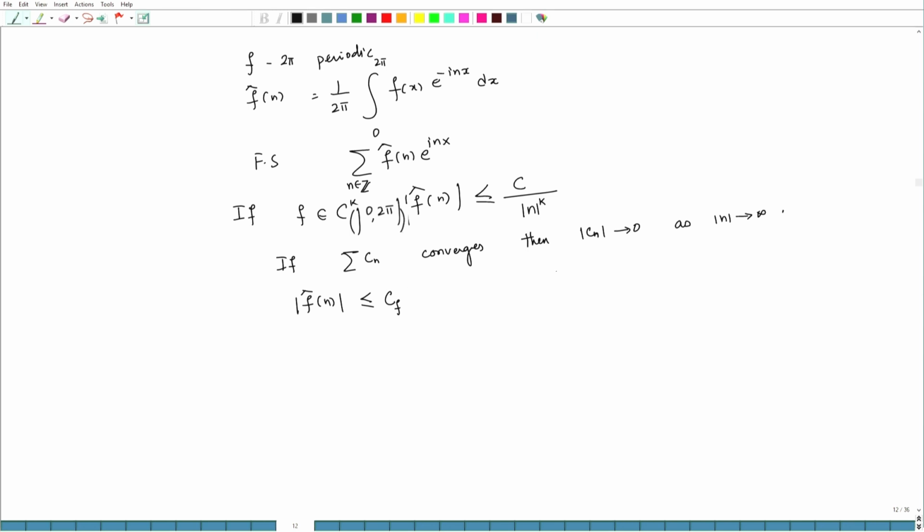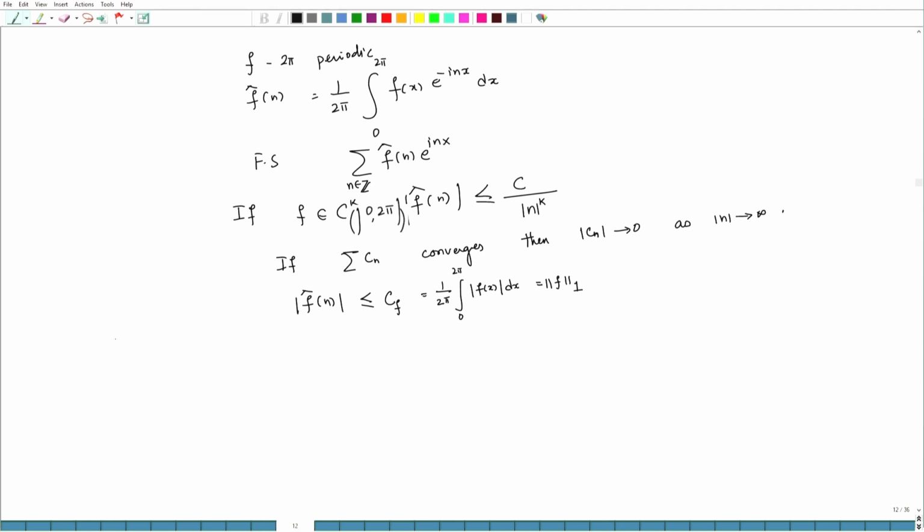Namely, this constant is 1 by 2 pi integral 0 to 2 pi mod of f of x dx. Now, this quantity is going to come again and again. So, let us give a symbol to this, which I will be calling the norm of f.